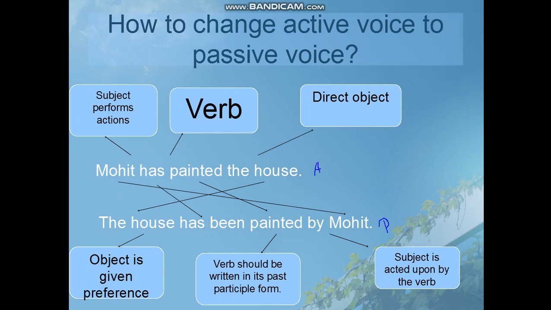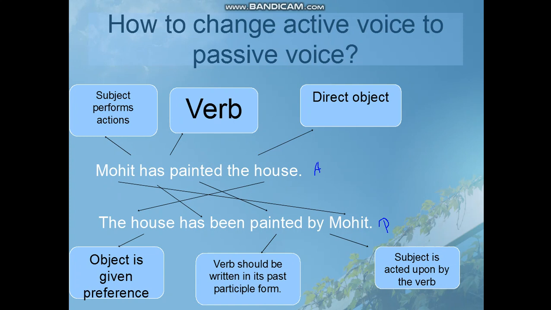Mohit has painted the house. Here Mohit will come at last, and the house will come at the beginning of the sentence, whereas in the active voice it was at the last. And has will become has been.